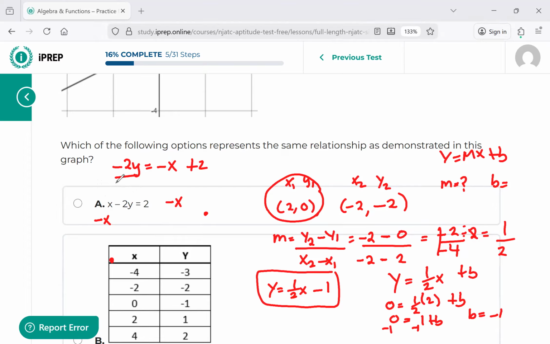And then divide everything by negative 2. You get y equals 1 half x minus 1. Okay, that's exactly the same equation as ours, right? Y equals 1 half x minus 1. So this concludes that this is the one.